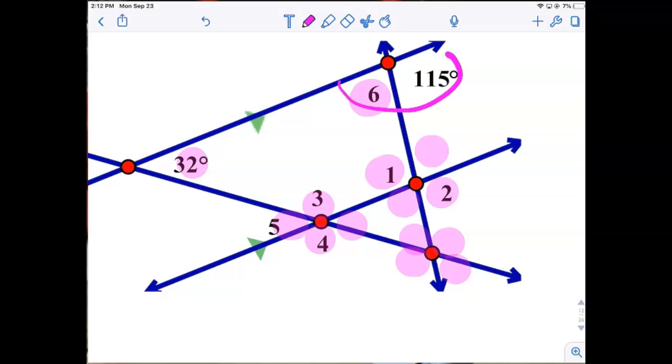I'll just start right here. Supplementary with 115 is going to be 65. 65 and 115 add up to 180. So that means that's alternate interior, so that's 65. That means this one's 115. That means this one's 115. That means this one's 65.